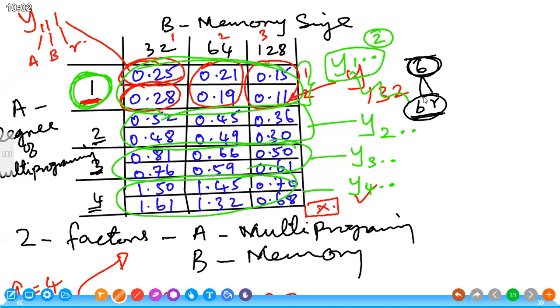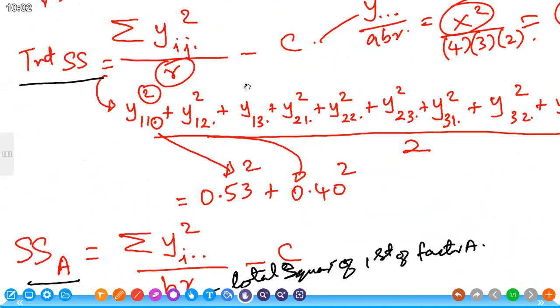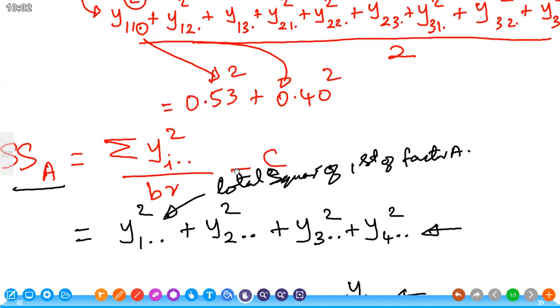So before we square, how many observations have been added? It is equal to BR. That is why, before squaring, we are dividing by BR.